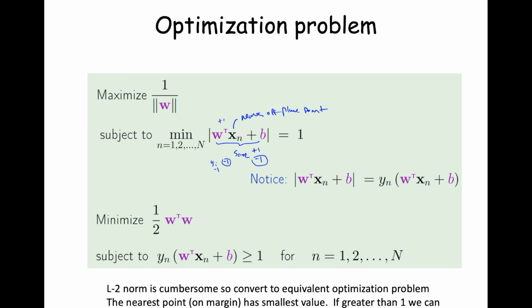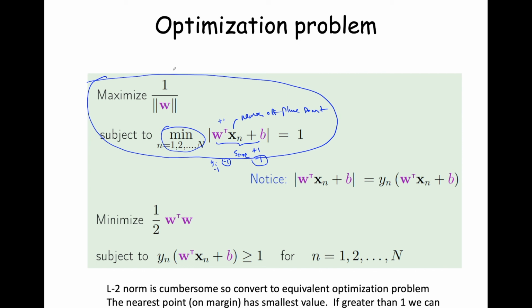So what does this say? It says we can now express this equivalent optimization problem, instead of saying the smallest point or the point closest in distance to the hyperplane, we can now get rid of this constraint or find an equivalent expression that gives you the same result.